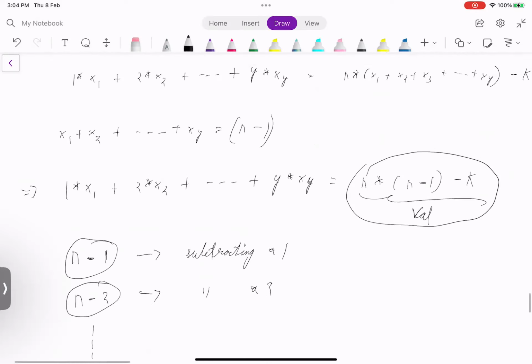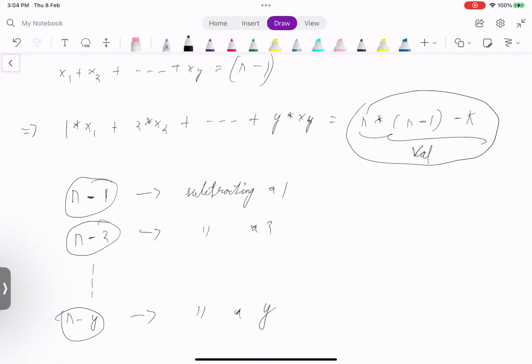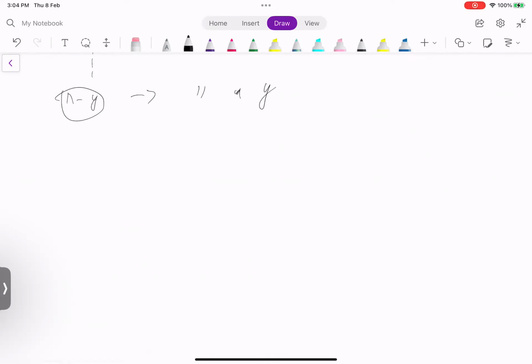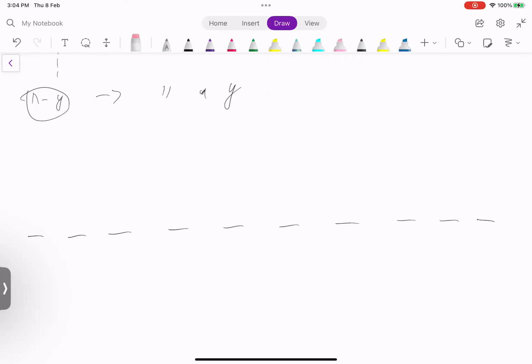Now, this equation is sufficient enough for us to solve the problem, right? So first, let's see how we can construct the permutation, and then let's go with the basic observation.